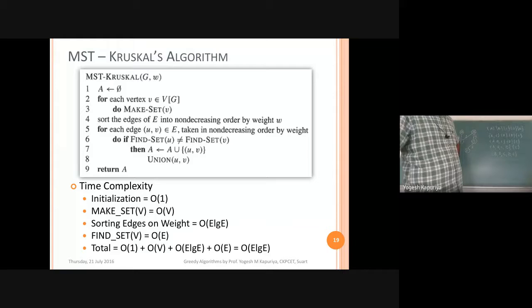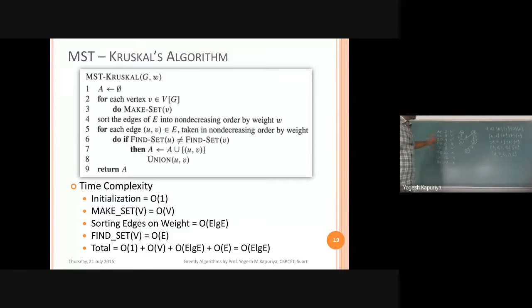Then line number 5, for each edge UV belonging to E in sorted order. This is set E, right? There are 8 vertices, 8 edges.